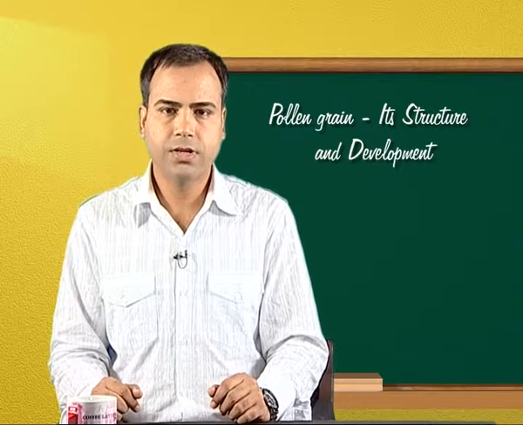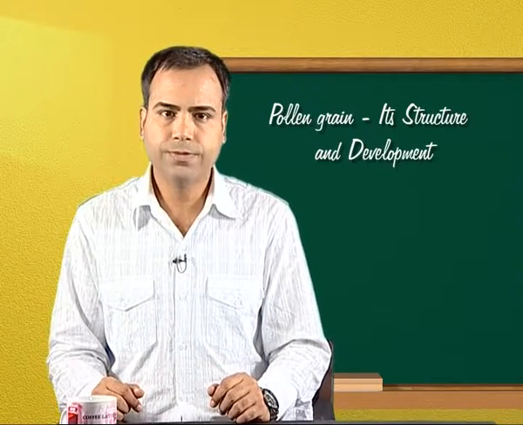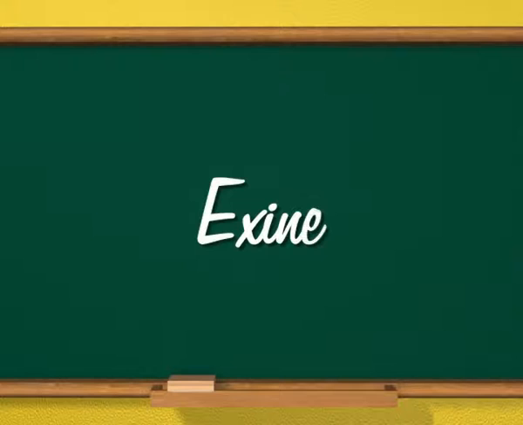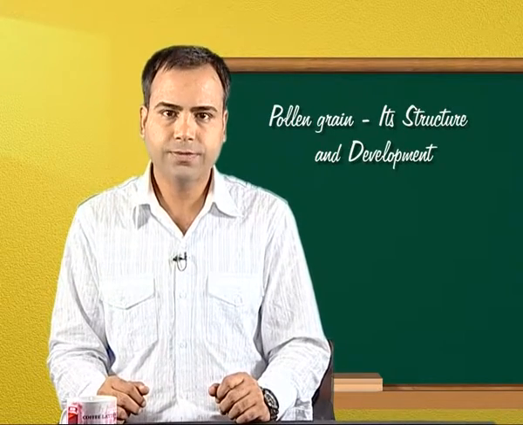Next question, what forms pores or furrows for coming out of pollen tube? Answer is exine, which is discontinuous at places, forms pores or furrows for pollen tube. These places are also known as germ pores. Next question, define palynology.